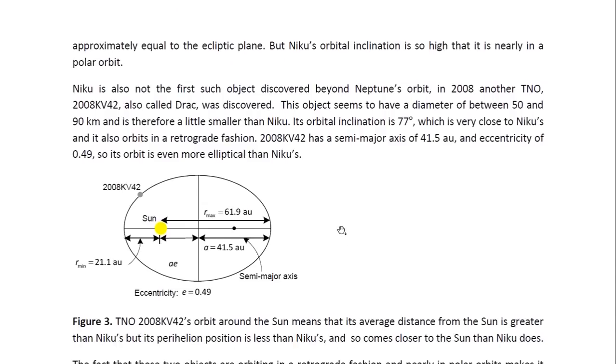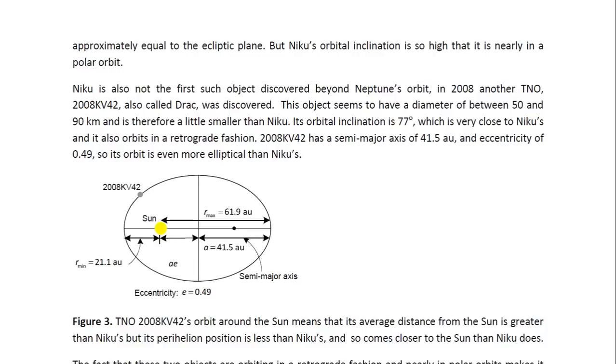Niku is also not the first such object discovered beyond Neptune's orbit. In 2008, another TNO called 2008 KV42, also going by the name Drac, was discovered. This object seems to have a diameter of between 50 and 90 kilometers, so it's a little smaller than Niku, but its orbital inclination is very close to Niku's.